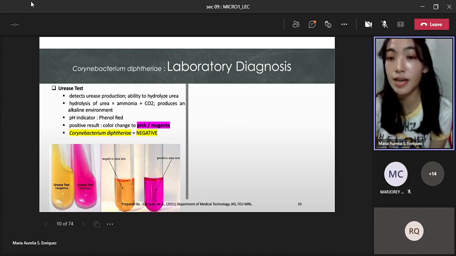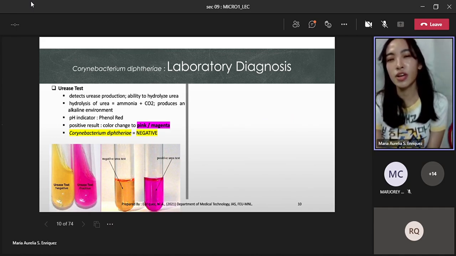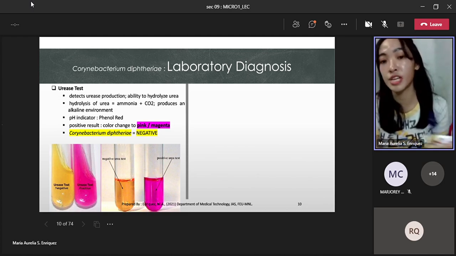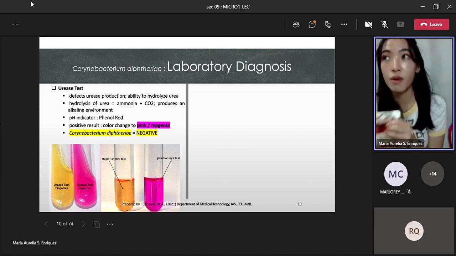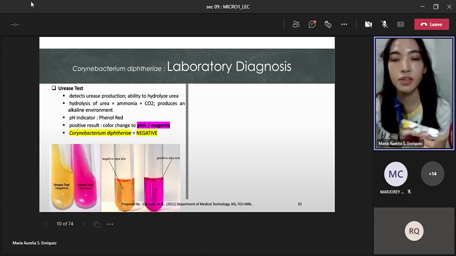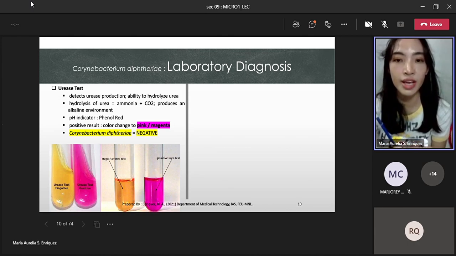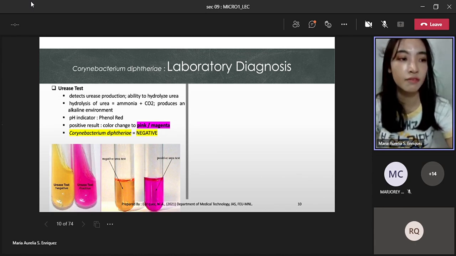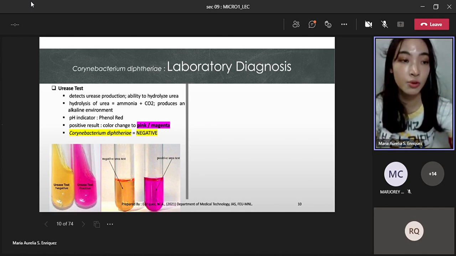Okay, so here on slide 10, let's look at some of the differential tests that we could do to differentiate Corynebacterium diphtheriae from other Corynebacteria. So first is the urease test. The urease test detects the ability of the organism to produce urease or to be able to hydrolyze urea.